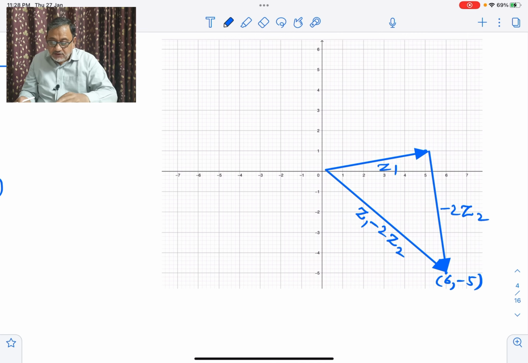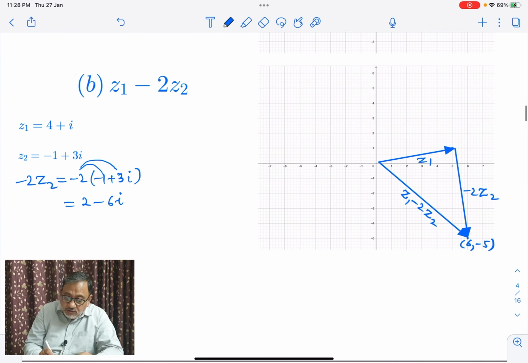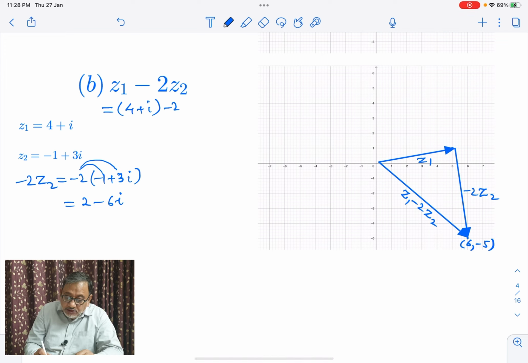Now let us check it algebraically also. Is 6 comma minus 5 there or not? So z1 is 4 plus i, minus 2z2, which I have already calculated: minus 2 into minus 1 plus 3i. Let me write it properly. This will be 4 plus i plus 2 minus 6i, because I have multiplied by minus.